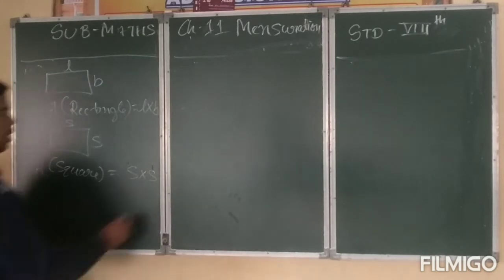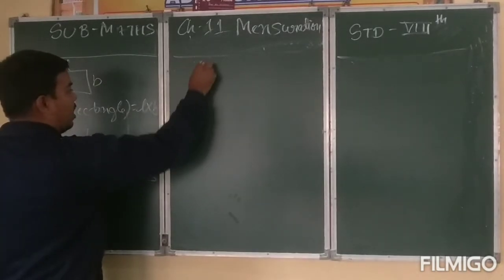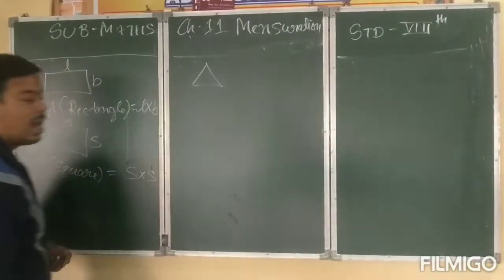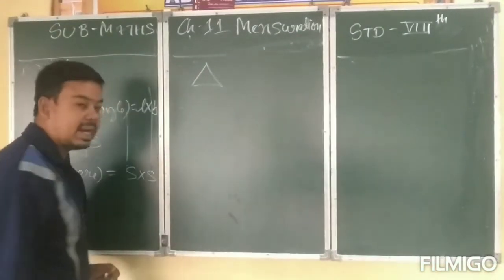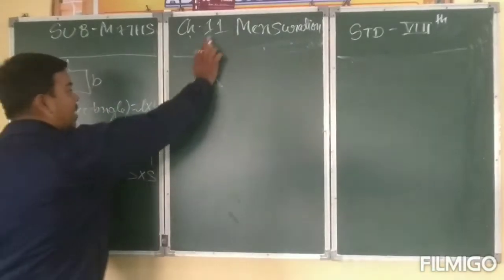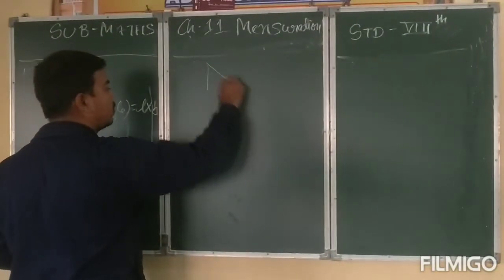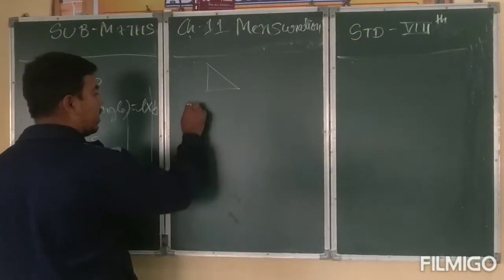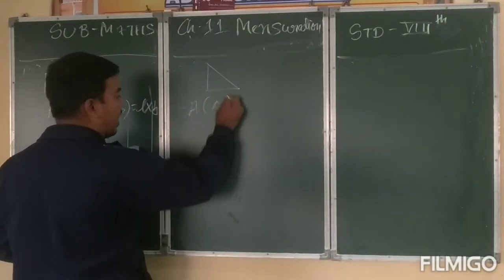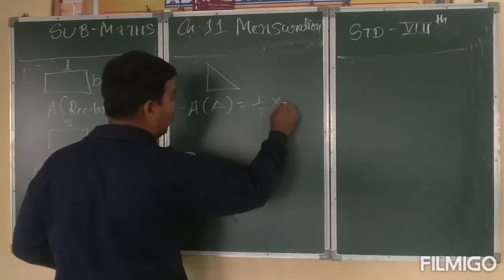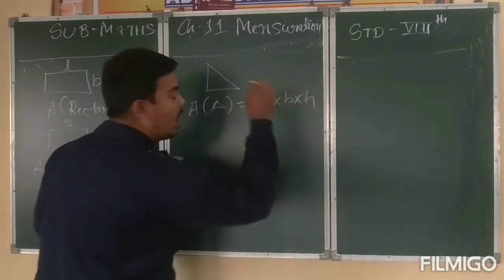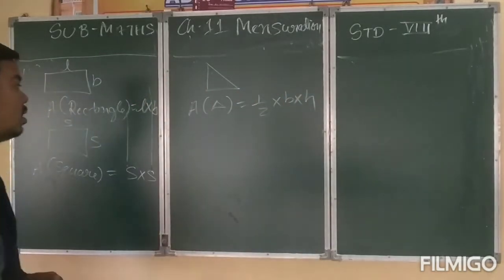Then third, area of a triangle. Suppose it is a right angle triangle, like this. The formula is half into base into height.